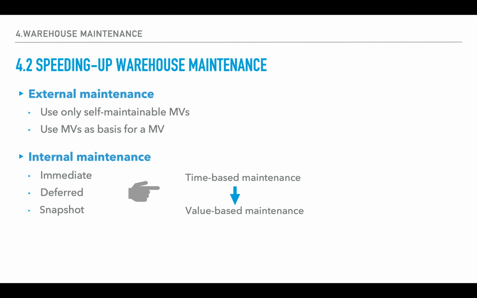In our opinion, value-based maintenance is even more interesting, especially for aggregations. If the difference between the old value and the new value is insignificant, the insignificance threshold must be defined by the user and stored as part of the metadata. Only if a given threshold is reached does the view have to be maintained.